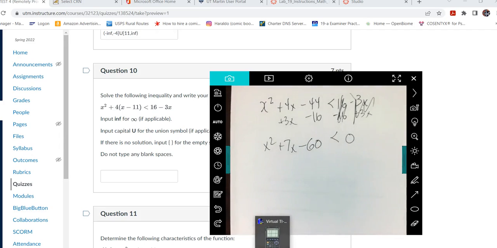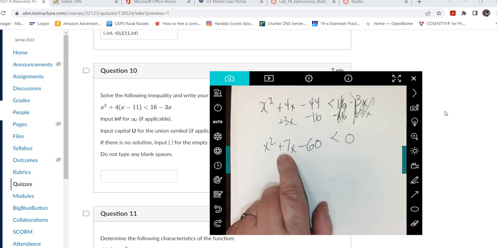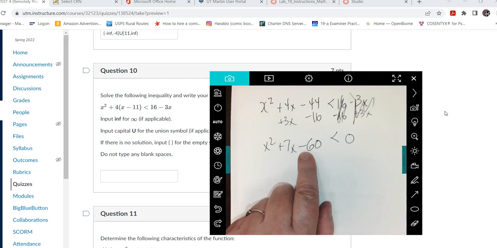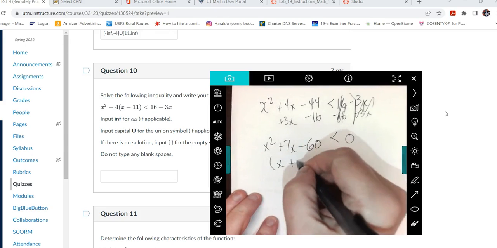I mean, what, you can have 6 and 10 would give us that. Okay, so I could have positive 10 and negative 6, but that's not going to add up to give me 7. I also could have 12 and 5. So positive 12 and negative 5 could do that for me.